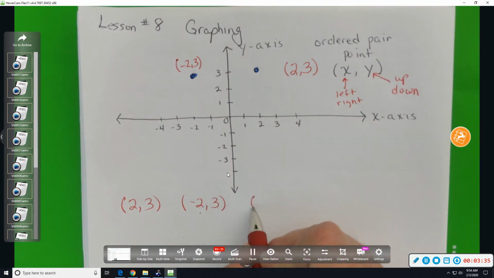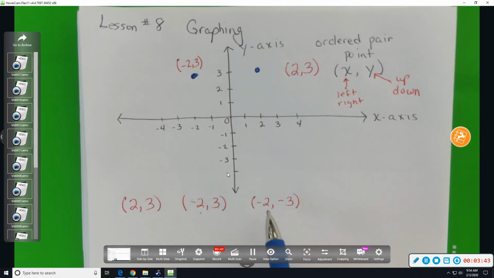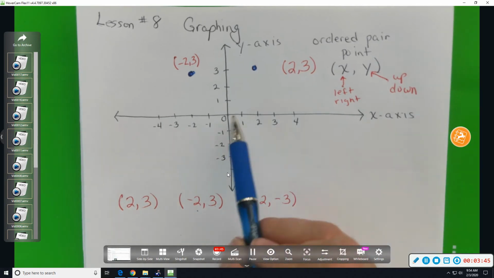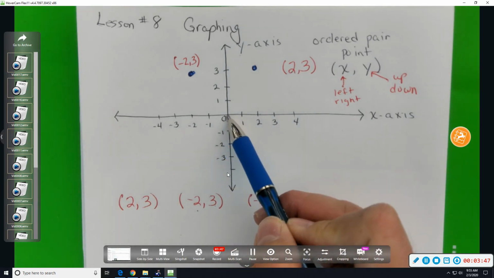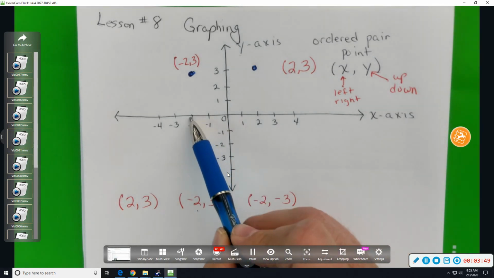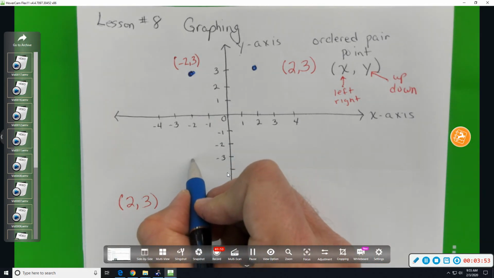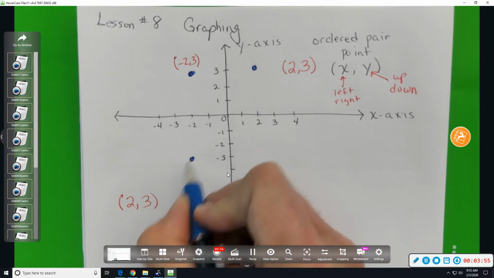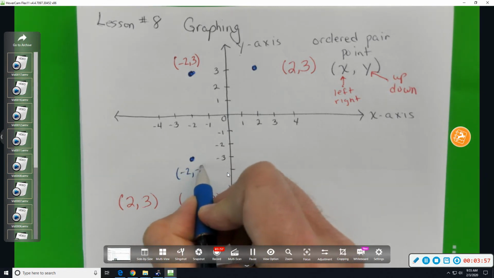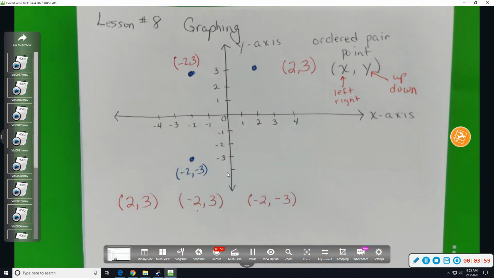The next point we'll plot is negative 2, negative 3. Well, where would that go, in terms of left, right, up, down? You start at the origin and you move left 2 and down 3. Right there. Negative 2, negative 3.